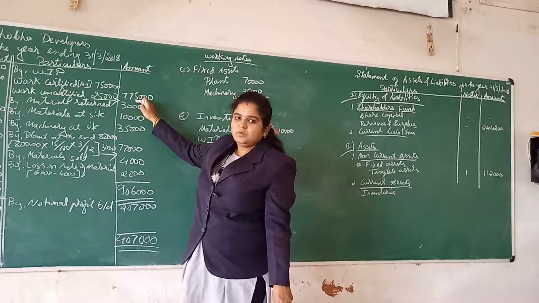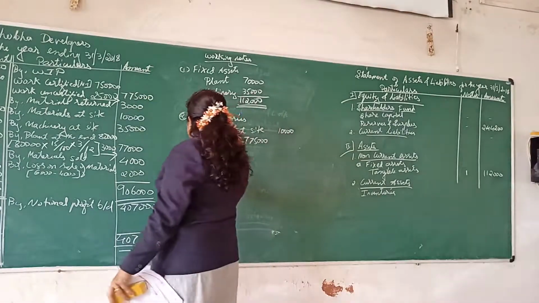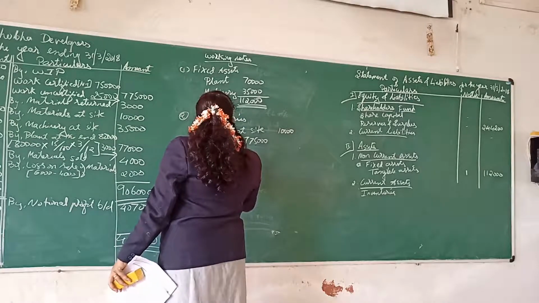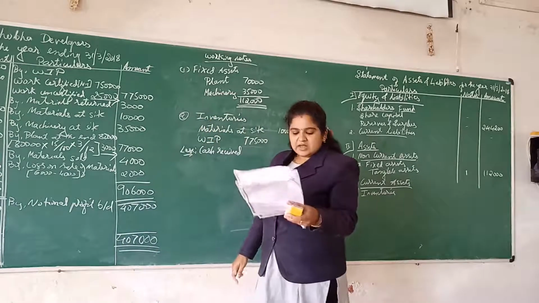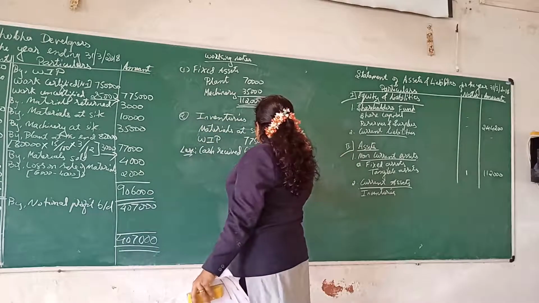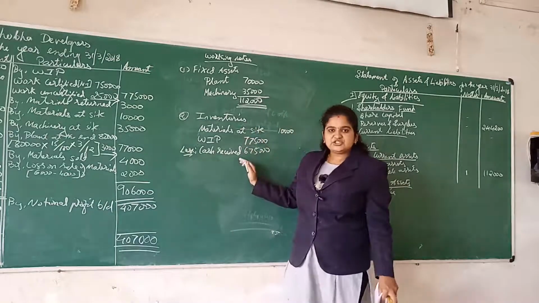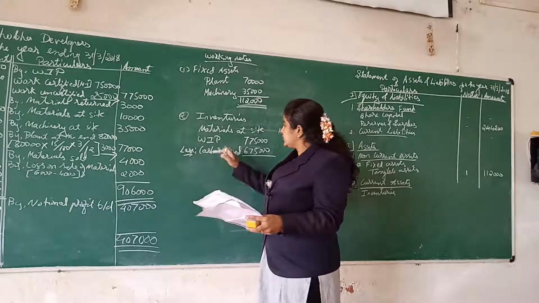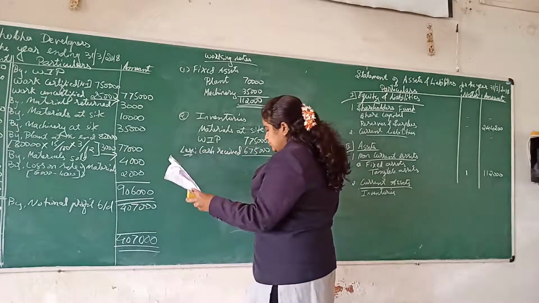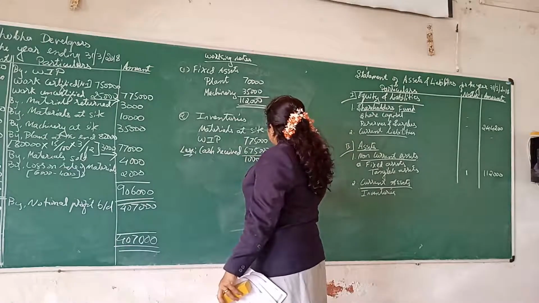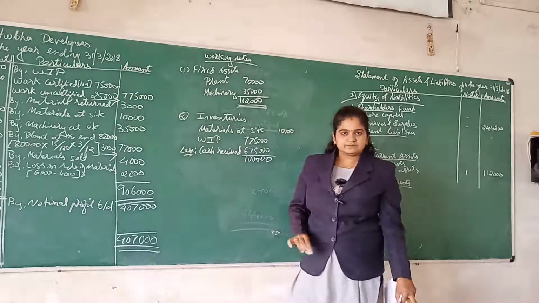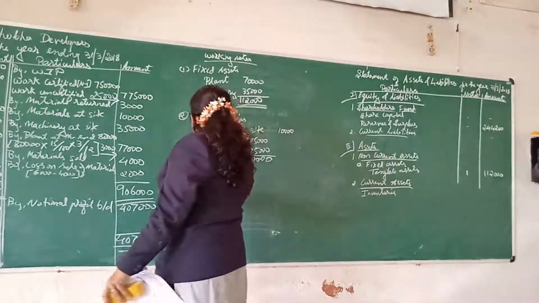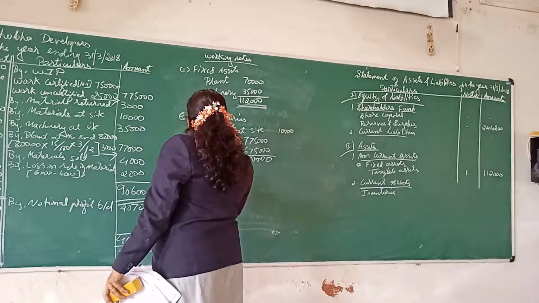Okay, so less cash received. Now cash received is 6,75,000. So that much amount has to be deducted. So from 7,75,000 deduct 6,75,000, you will get 1 lakh.